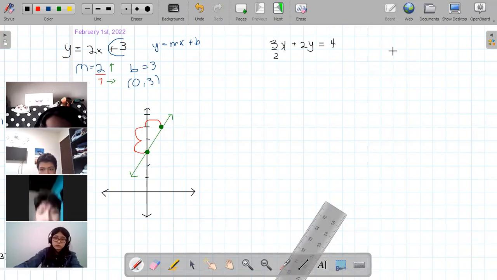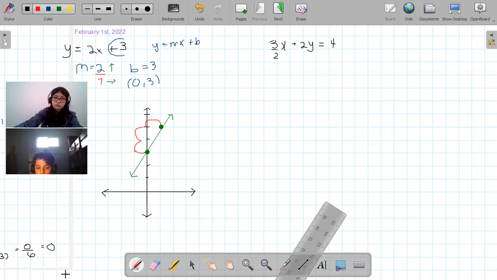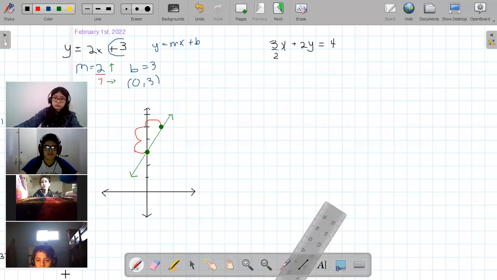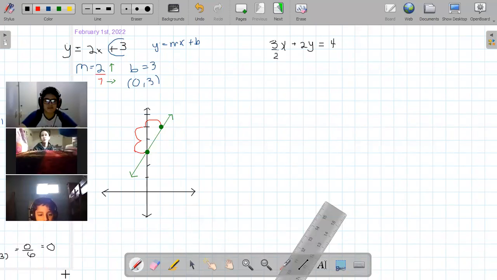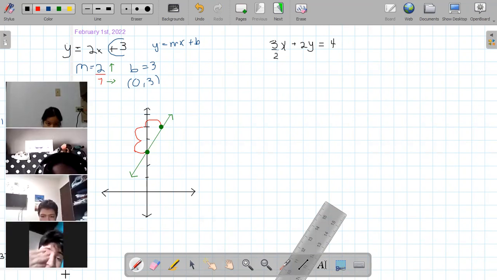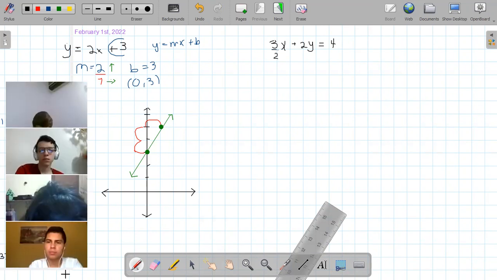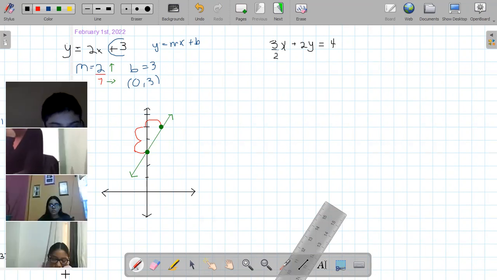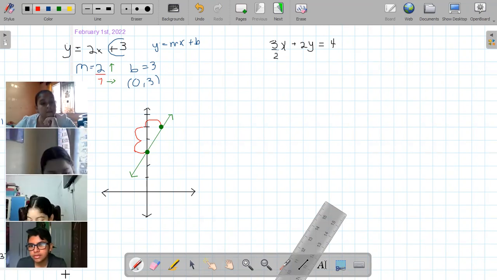So, question, is this written in slope-intercept form? Is it written in slope-intercept form? Yes or no? Is it written in the slope-intercept form?